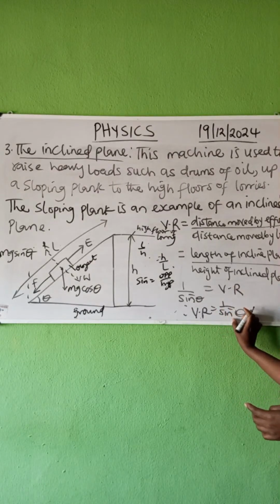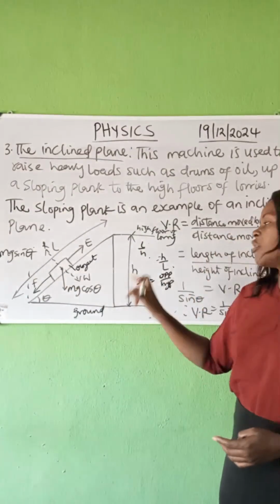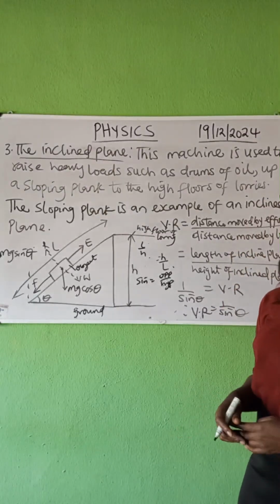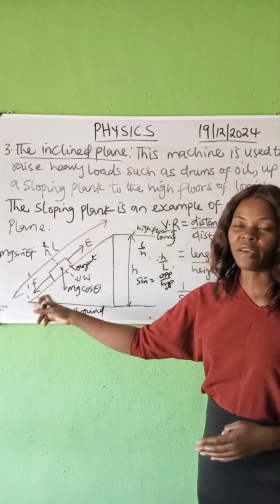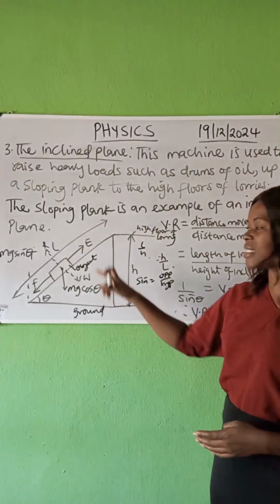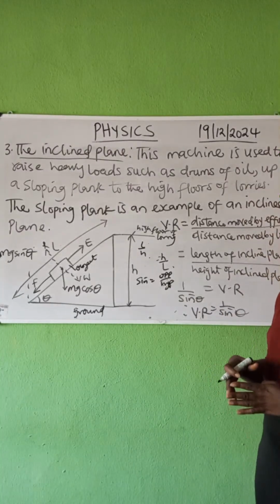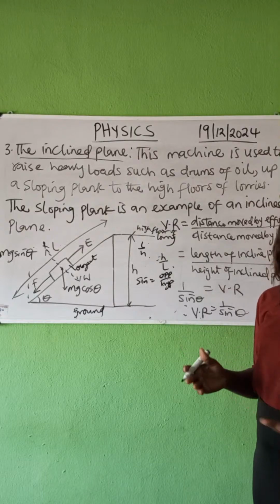Do you understand? We are considering the angle, the height, and the length. And opposite over hypotenuse becomes sine. But because we are considering the velocity ratio, which is distance moved by effort over distance moved by load, that is L over H, rearranging it into the form of velocity ratio is the same thing as saying the inverse of sine is going to give us L over H. Is that clear?